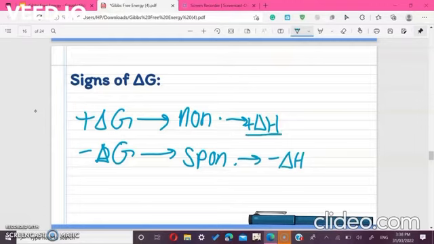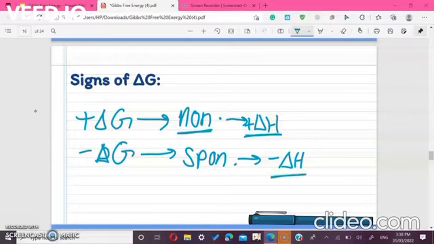Now what happens when delta H is positive? Delta H is positive when the reaction is an endothermic reaction. And what happens in endothermic reactions? The system absorbs energy. So the reaction needs an input of energy in order to proceed, which tells us that this reaction is also a non-spontaneous reaction.